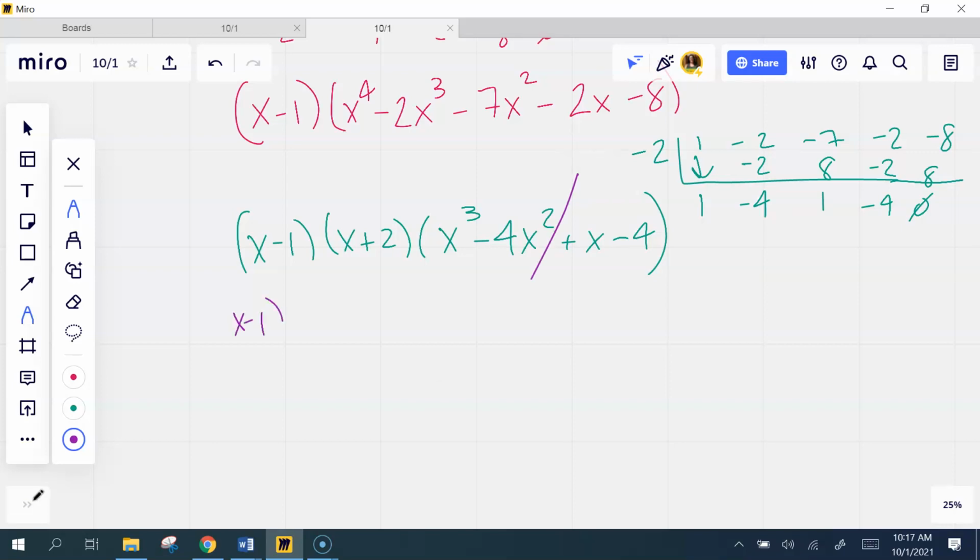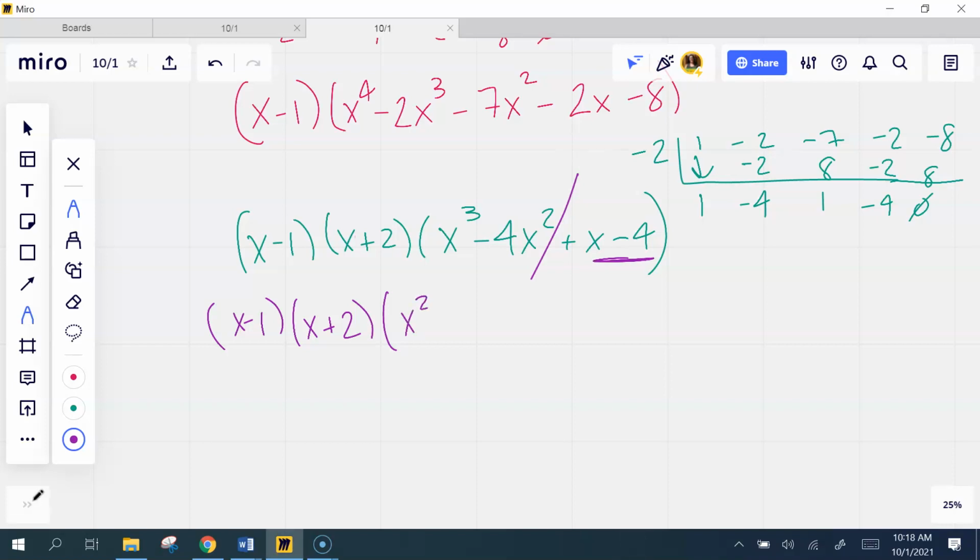So here I'm just going to bring down my 2 linear factors. How do you know those are linear factors, by the way? It's just x plus a number, x minus a number. It could have a coefficient, but it can't have an exponent to be linear. If I take an x squared out of these two, I'll be left with x minus 4, which is what I have right here.